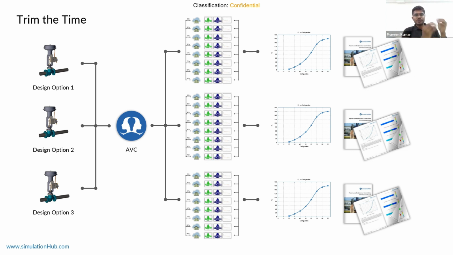If you have three design options in your mind, you can submit all three at the same time, and for the full opening range of all of them, the CFD process will happen autonomously on the cloud, and finally you will get three CV curves or cavitation indices and everything to compare with.